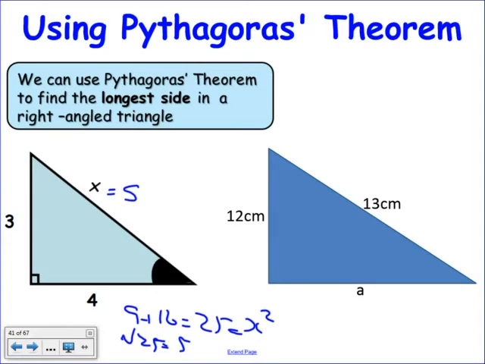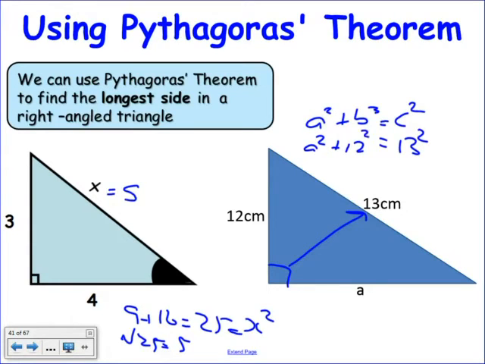Okay? This is Pythagoras, but where you're missing one of the smaller sides. So, I know that a squared plus b squared equals c squared, but this time I know what c is, because c is the hypotenuse, and my hypotenuse is my 13. So that's 13 squared. A I don't know, but b is 12 squared. So now you need to solve this using a basic bit of algebra.